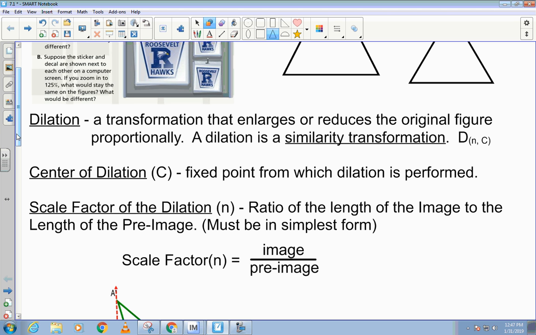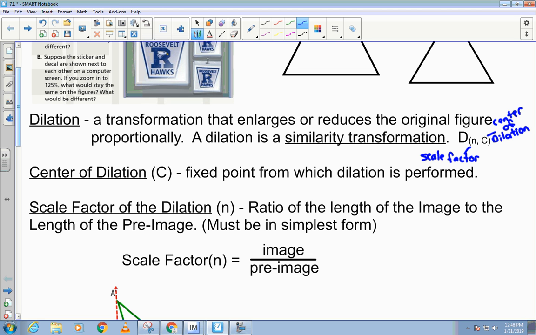This is the notation that we use for dilation. We use the letter D, and then in parentheses, as a subscript, down below, this letter n here is the scale factor. And this letter C is the center of dilation.